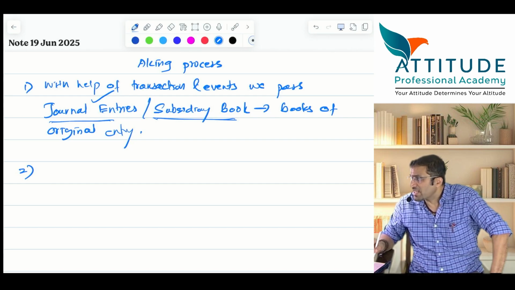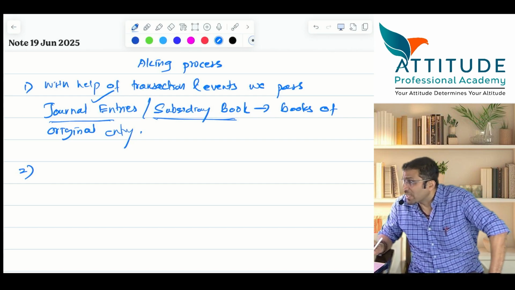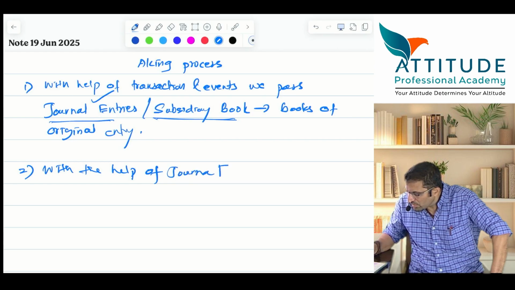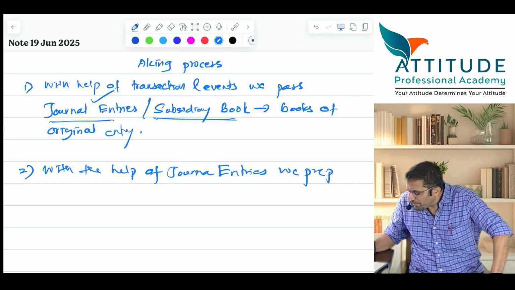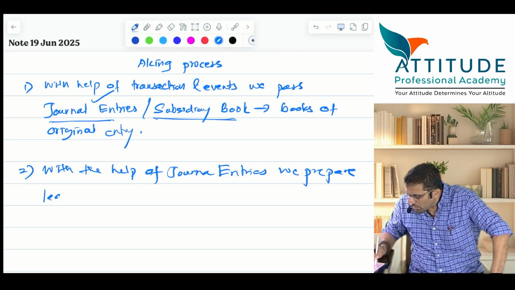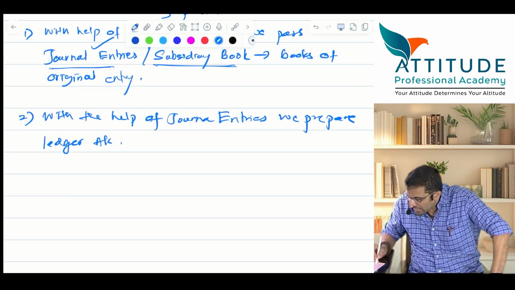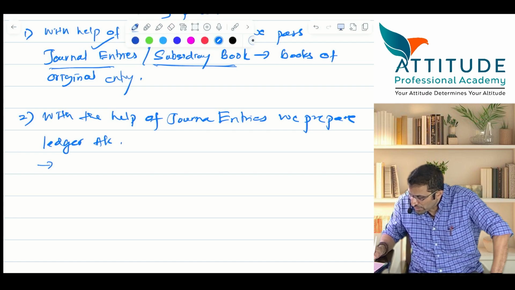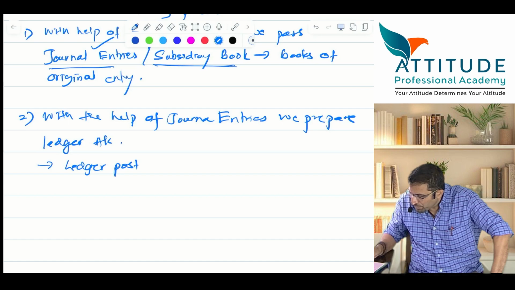Now, second step. With the help of these journal entries, we prepare ledger accounts. In ledger accounts, the first step is ledger posting.